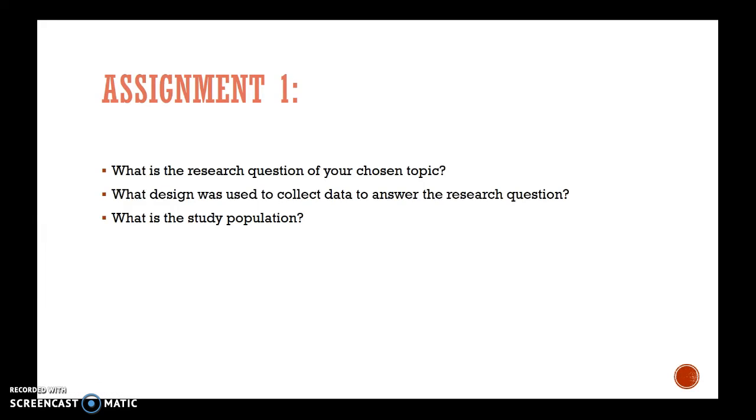You'll probably go back to the very first week's assignment and refine your research questions and topics. Then state what design will be used for collecting data to answer your research questions. What is the study population? We did the stakeholder map, so based on that, who is the study population, and what are you going to find out from this research? So go back, refine your week 1 assignment, and answer those questions.